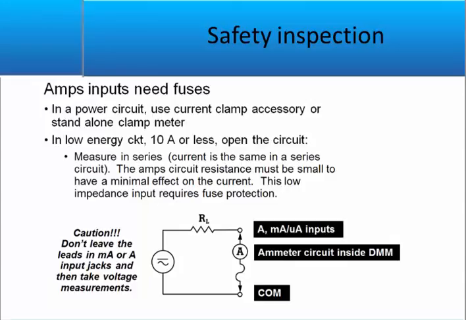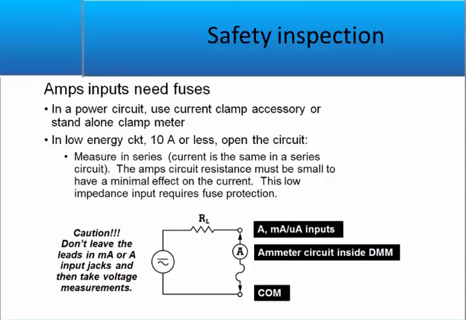So one of the classical errors that can occur is that you've done a current check with an ammeter, and you then try to measure voltage without changing the setup. It is one of the things that many apprentices and many technicians have to be aware of.